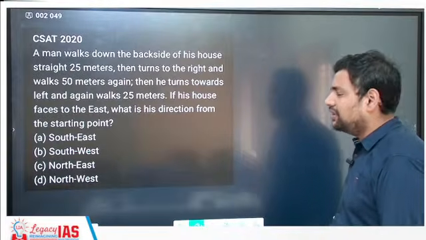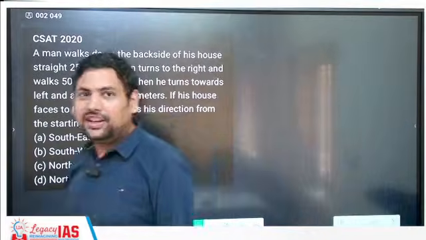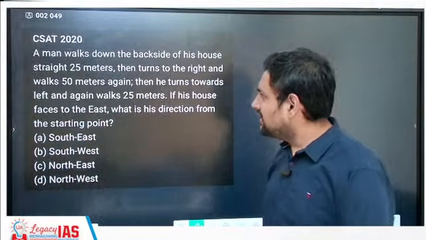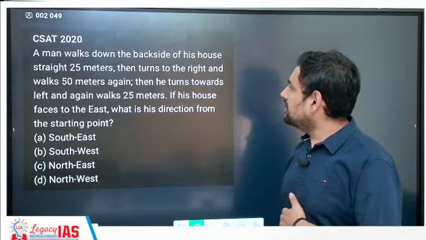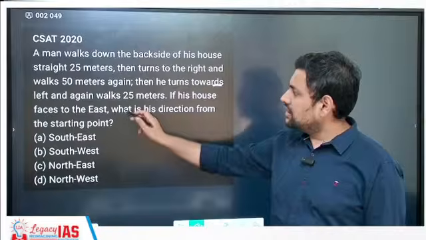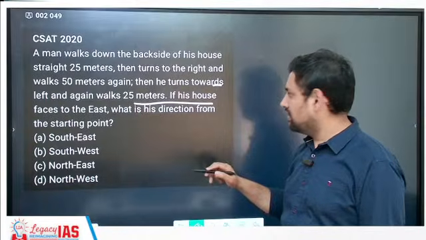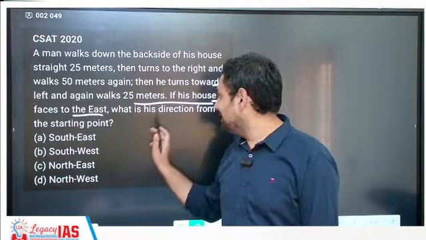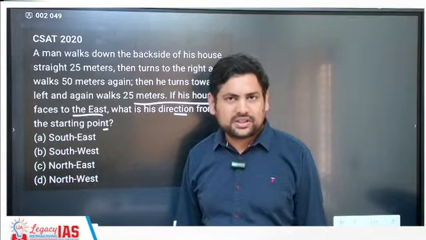Now it is very difficult to understand which direction exactly he started with. Let's read further. Then he turns to the right and walks 50 meters. Then he turns left and again walks 25 meters. If his house faces east, the question becomes easy. What is the direction from the starting point?